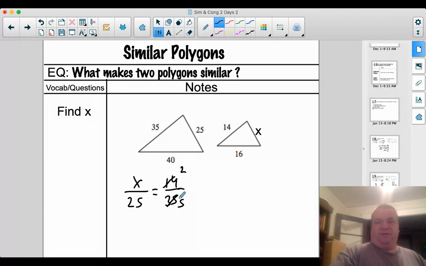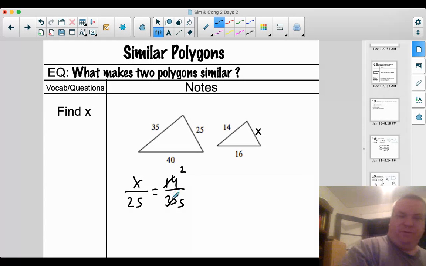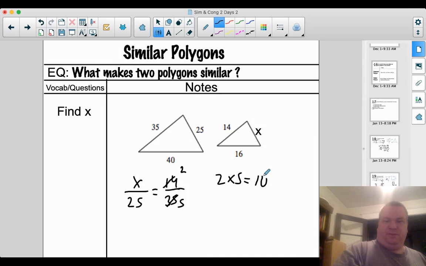Okay, now if I look at this proportion, this is actually one of those easier examples where I can just think of equivalent fractions. I have a 25 here and a 5 here. This is 5 times bigger than this. That means this x has to be 5 times bigger than that too. So 2 times 5 equals 10. Multiply by 5 to get to the 25, multiply this by 5 to get to 10. Okay? So I know x would have to equal 10.